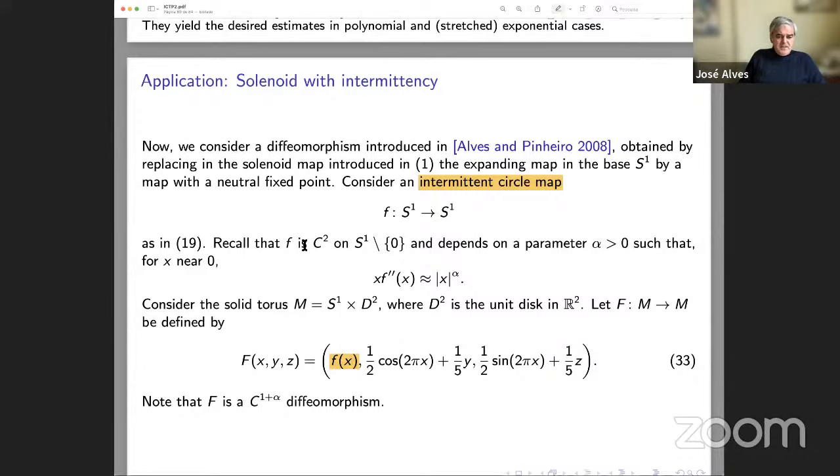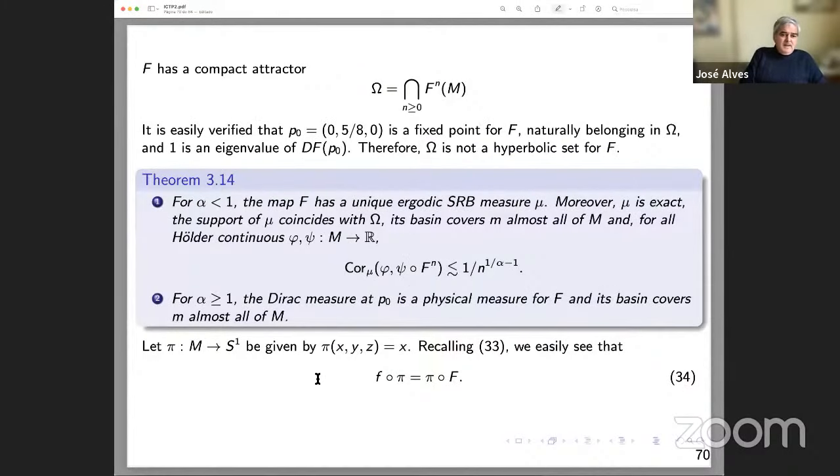And we have seen that if alpha is between 0 and 1, then the map, the little f, and then the capital F now, the map is only C1 plus alpha. If alpha is smaller than 1, it's not C2. If alpha is greater or equal to 1, then the map is C2. So the result is exactly the same as for the base dynamics.